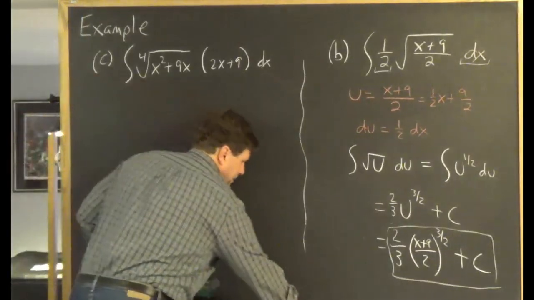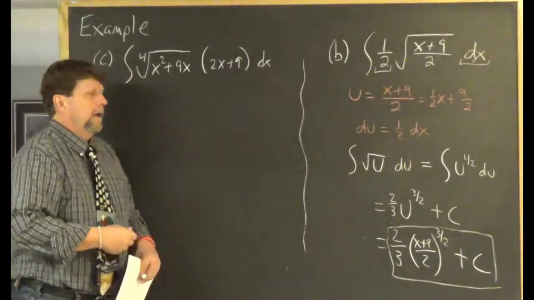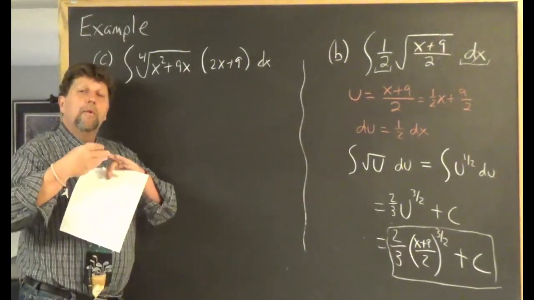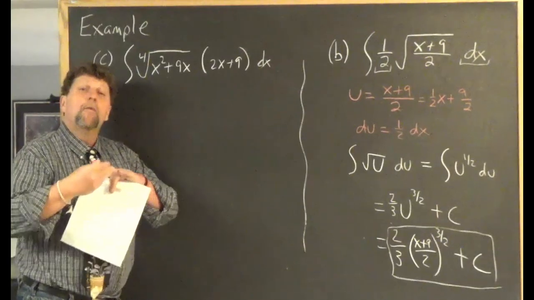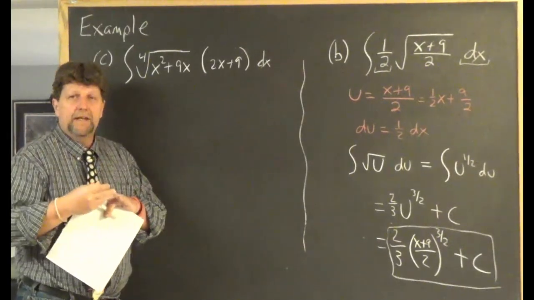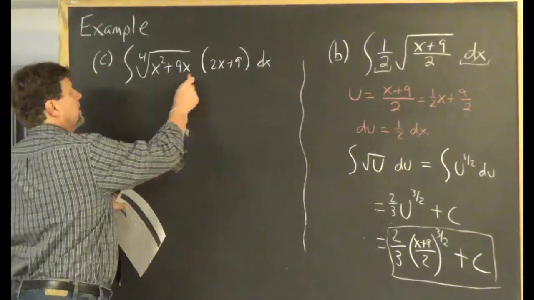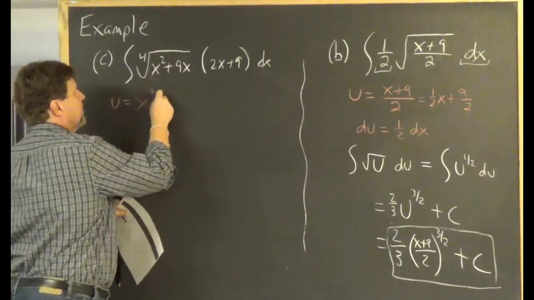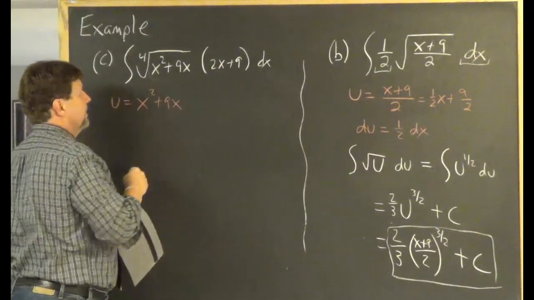Wow. My first thought is I'm going to try to let u equal the radicand, or what's under the radical sign. This is what I'm going to let u equal. So u is x squared plus 9x.